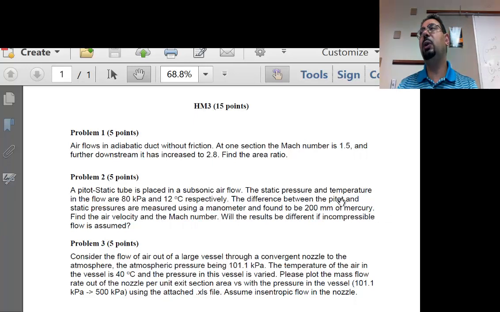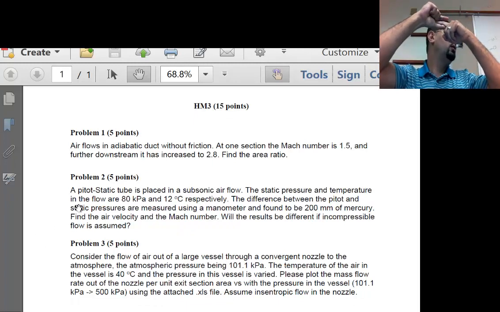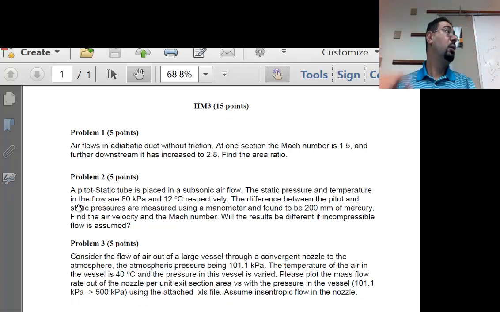So he means the difference between the total pressure and the static pressure. The Pitot hole stops the air. So that difference, the 200 millimeter of mercury, the rho g h of mercury, is P total minus P static. And you would like to find out the air velocity and the Mach number.